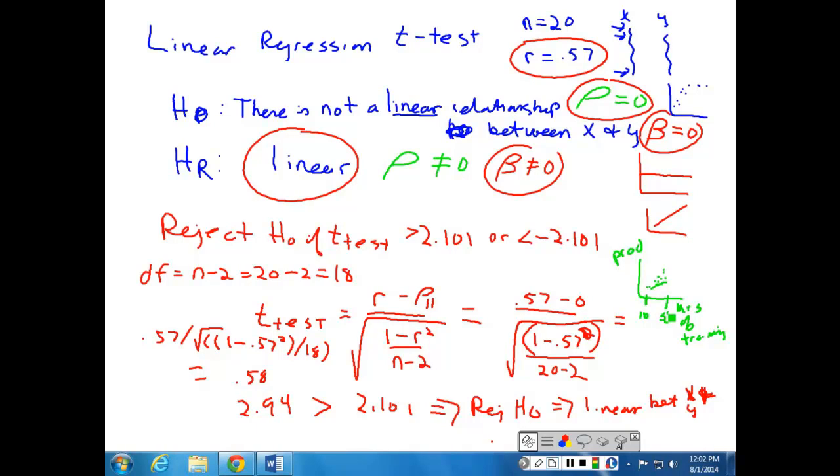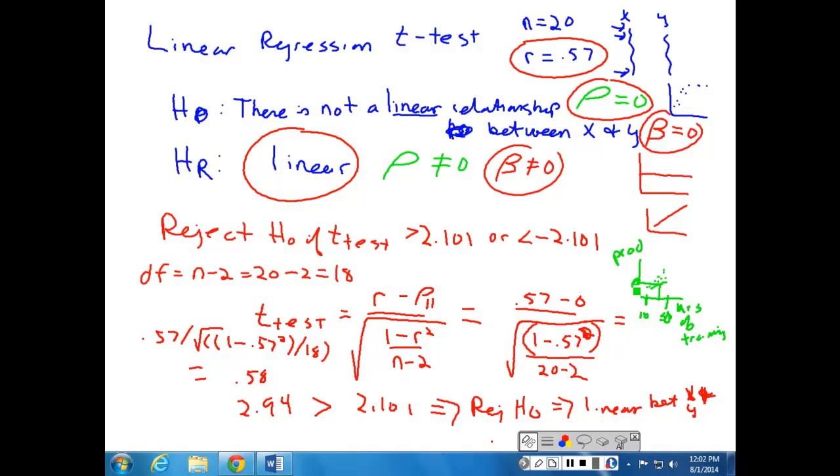You could say, well, if somebody had 40 hours of training, we would expect them to have whatever level of productivity that is. Just put it into the equation we'll let our calculator get, which we've done before. Y hat is equal to A plus BX, where A is the intercept and B is the slope.